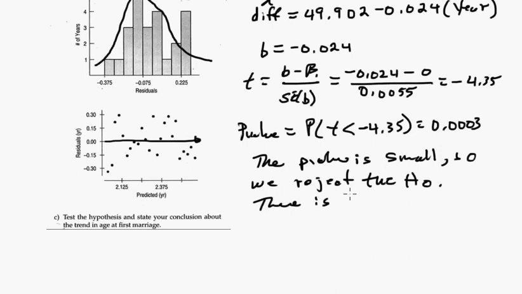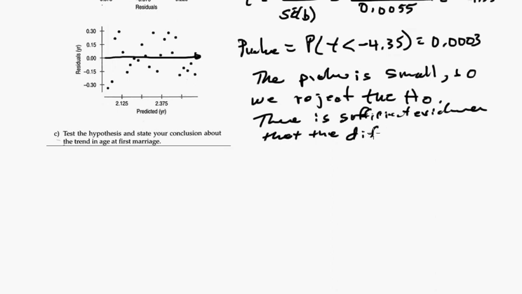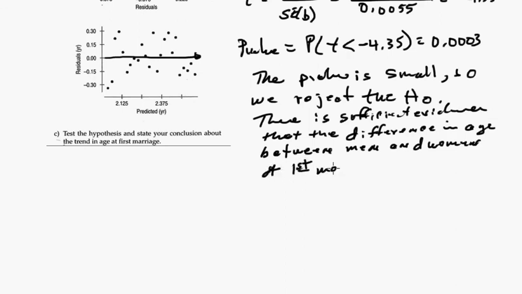What do you want to say here? There's sufficient evidence that, this is where we want to be careful, that the difference, so you can always go back up here, the difference in age between men and women at first marriage is decreasing.